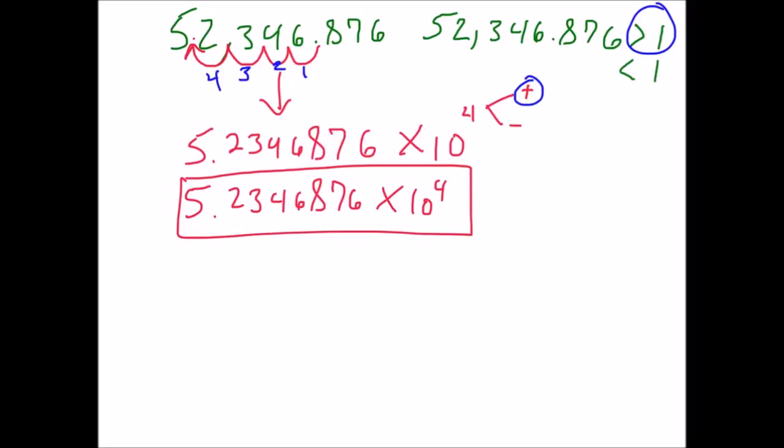Now, we can have a really, really small number also. We could do something like this, and we might want to change that into scientific notation.